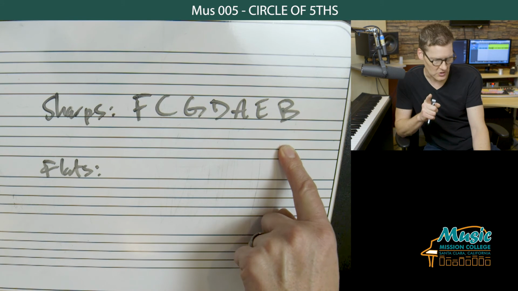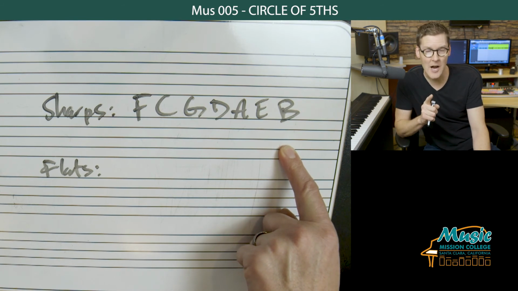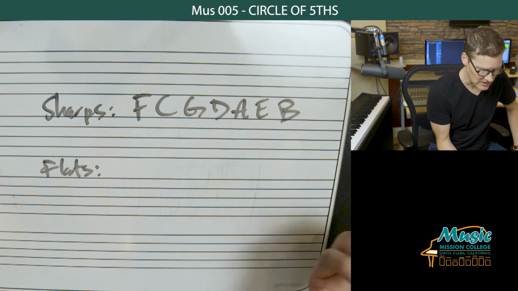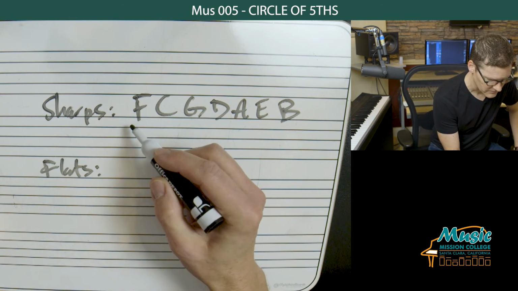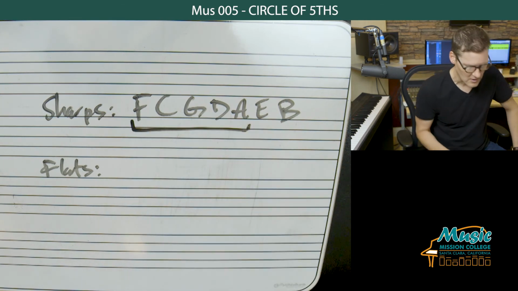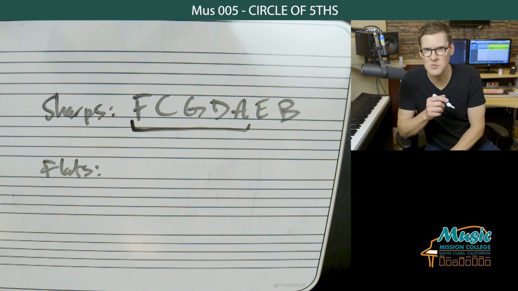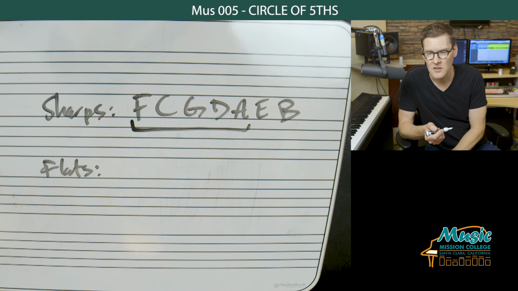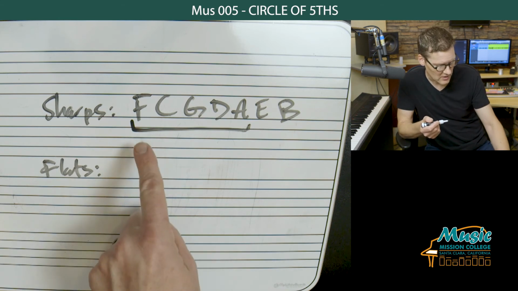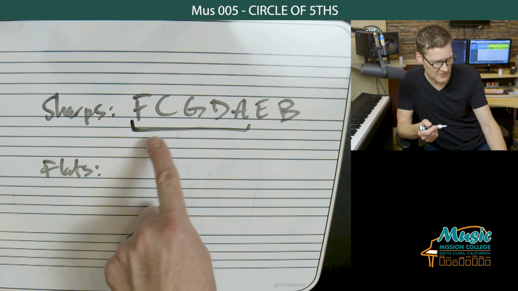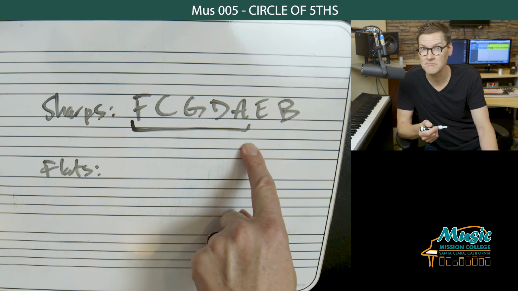So if I give you a key that has 5 sharps, what are they? And your answer is going to be fat cats go down alleys. So 5 sharps is F, C, G, D, A.